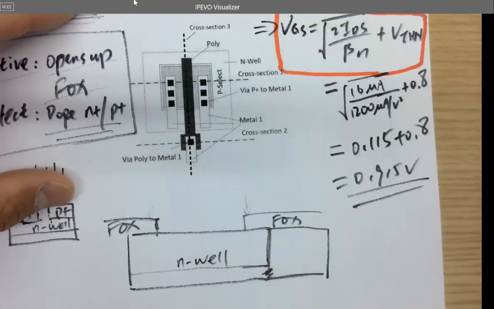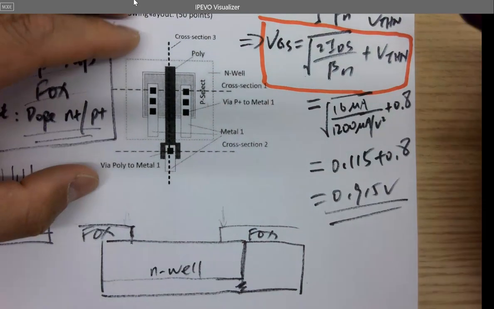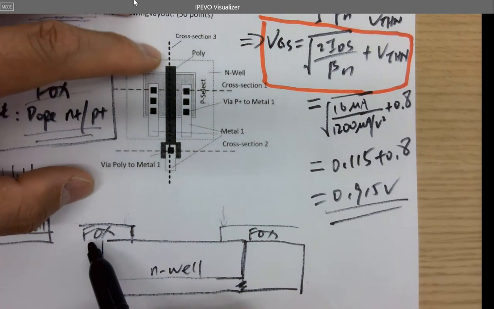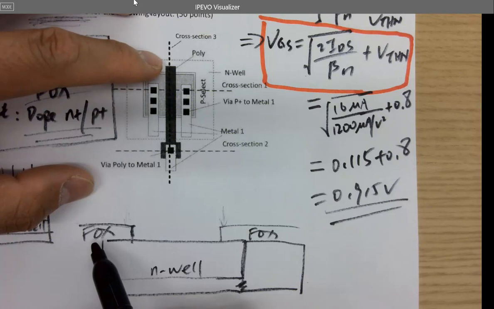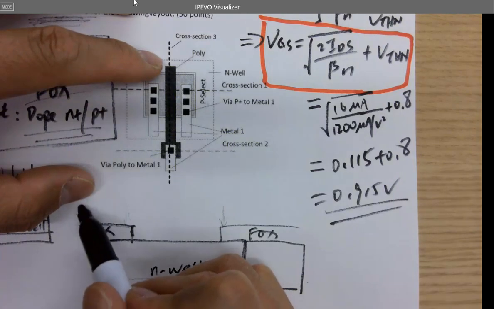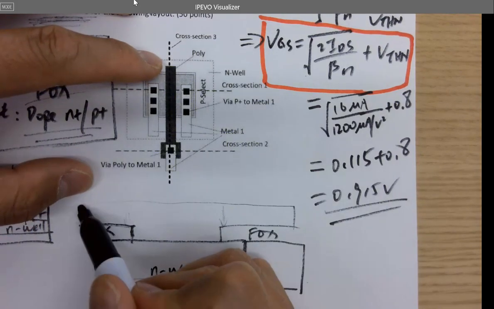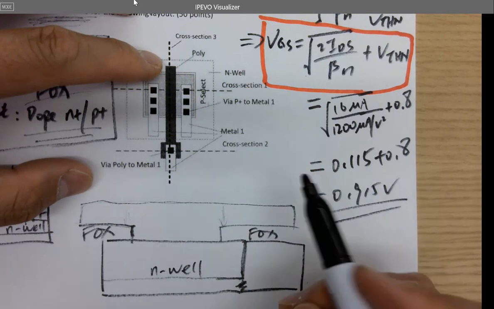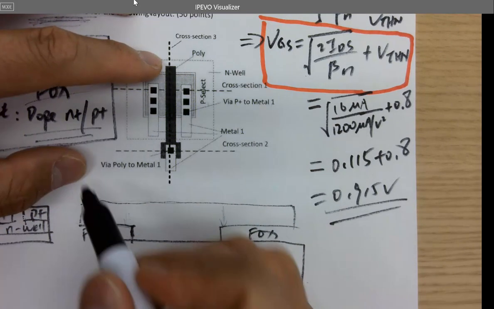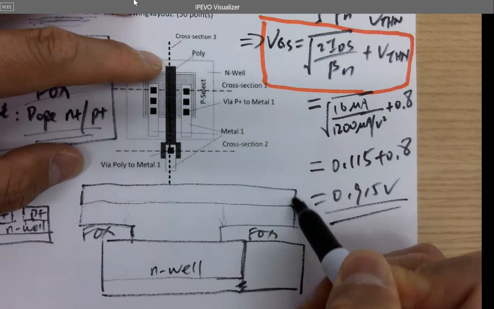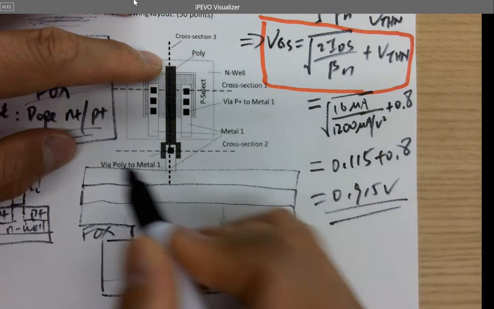Okay. So what's next? Let's start from this side, from here. On top of Fox, you got an insulation layer, right? And then metal 1, and metal 2, and metal 3.